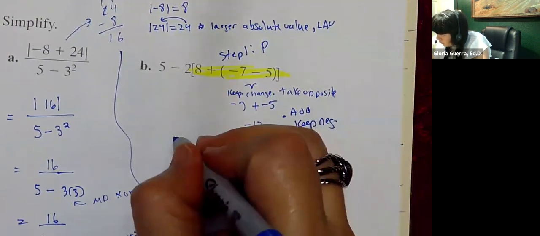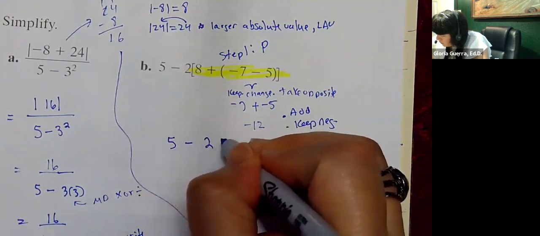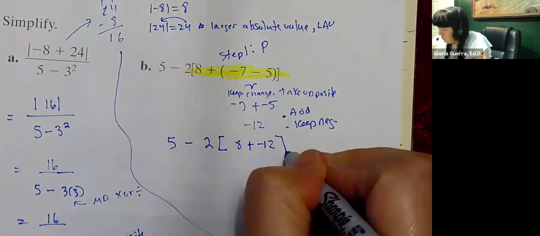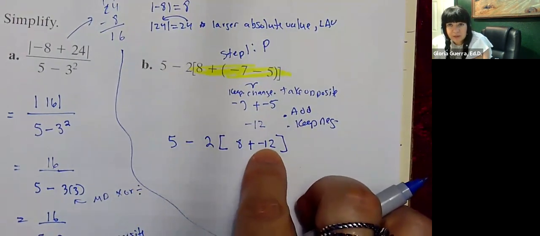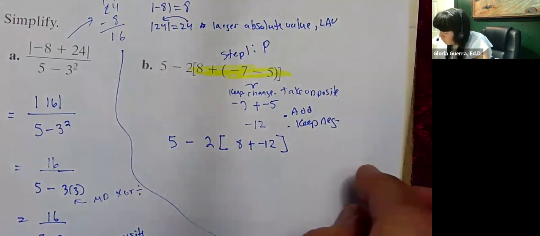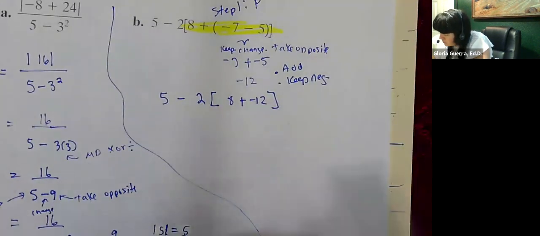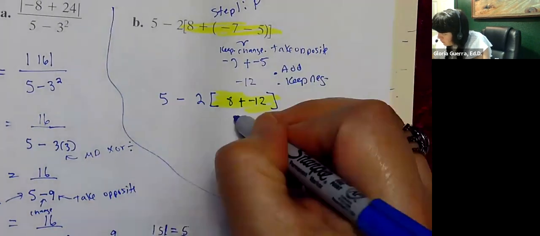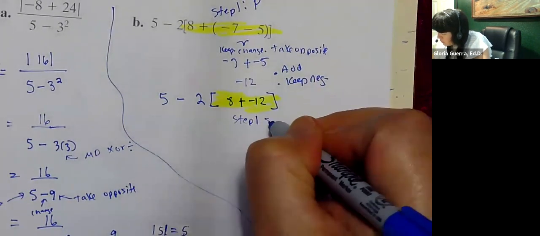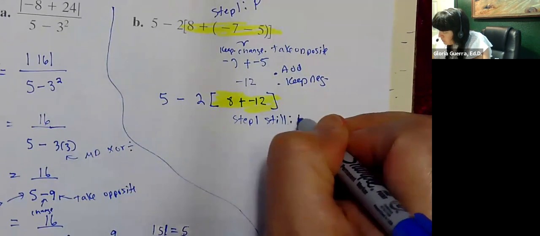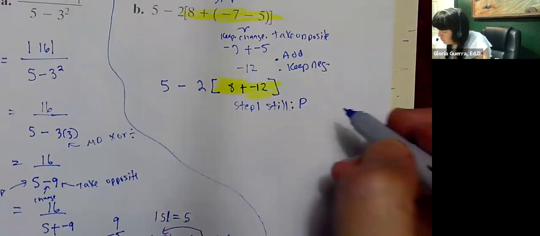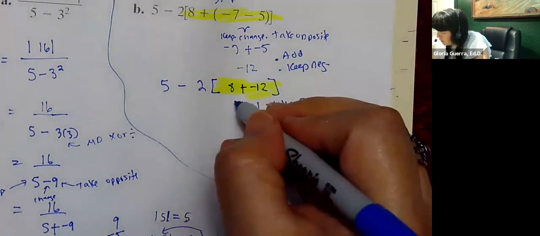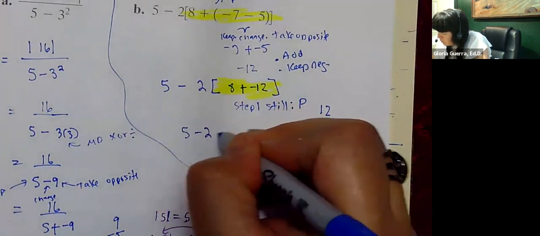So now, rewrite it: 5 minus 2, big brackets, 8 plus negative 12. You don't have to put parentheses around that. It's a attention grabber: I'm a negative number. That's fine. But now you're still on step 1, doing operations inside grouping symbols. So 12 minus 8 is 4, and this is going to be a negative 4.